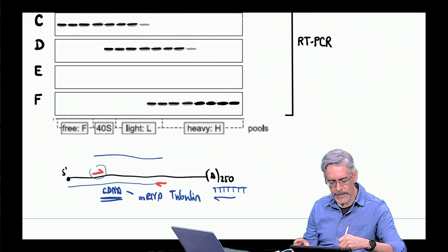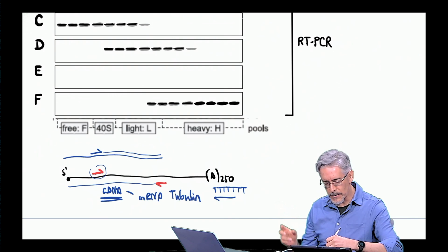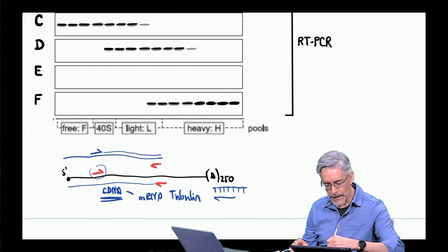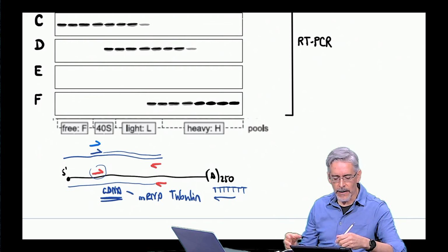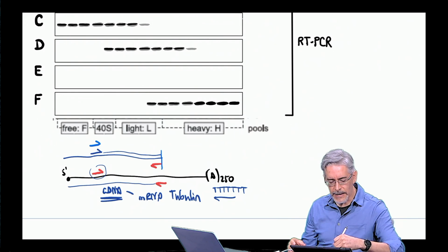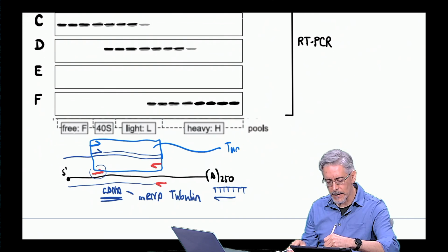So now that you have a cDNA molecule, you can use another primer that will allow you to amplify that segment. And then using those two primers in several consecutive cycles of PCR, you can amplify that specific segment, therefore generating a signal that is specific for the messenger RNA coding for tubulin.